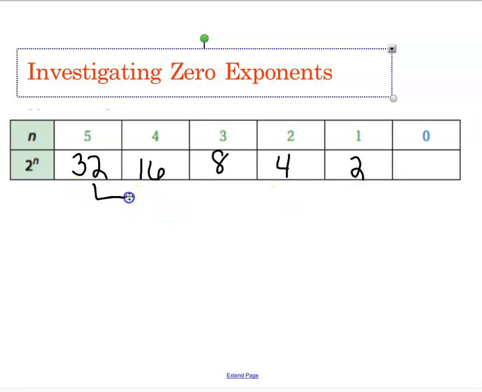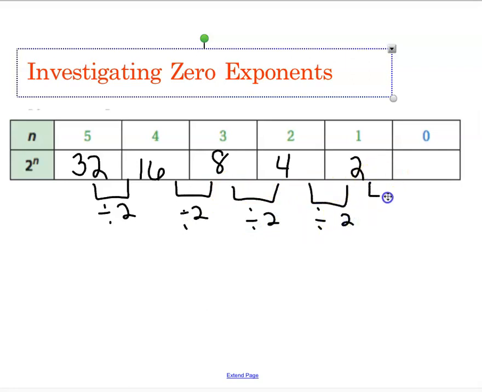So as you notice, what is happening as we go down with the exponent? You are essentially dividing by 2, right? So if you do 2 divided by 2, 2 to the 0 power is 1.